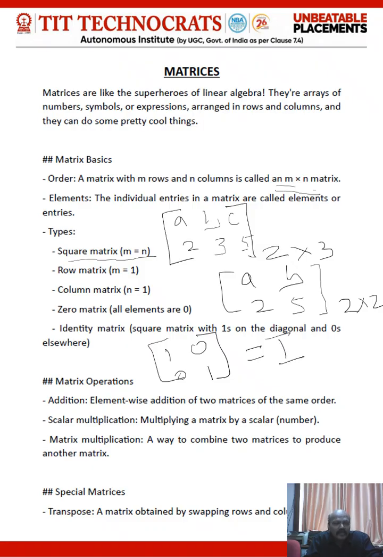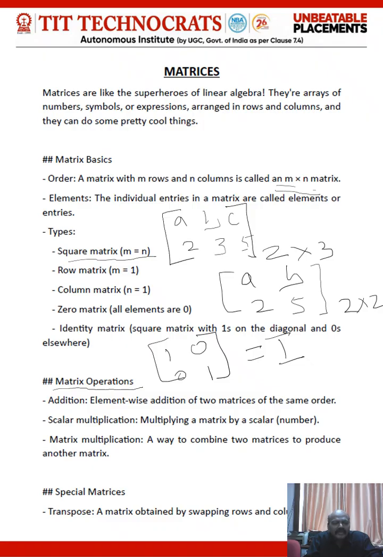Now matrix operations, you already studied in your lower classes. What are matrix operations? Matrices can be added. There is scalar multiplication. Two matrices can be added; corresponding elements we can add. Scalar multiplication: if a matrix is multiplied by a non-zero number, then each element of the matrix gets multiplied. उसको scalar बोलते हैं.